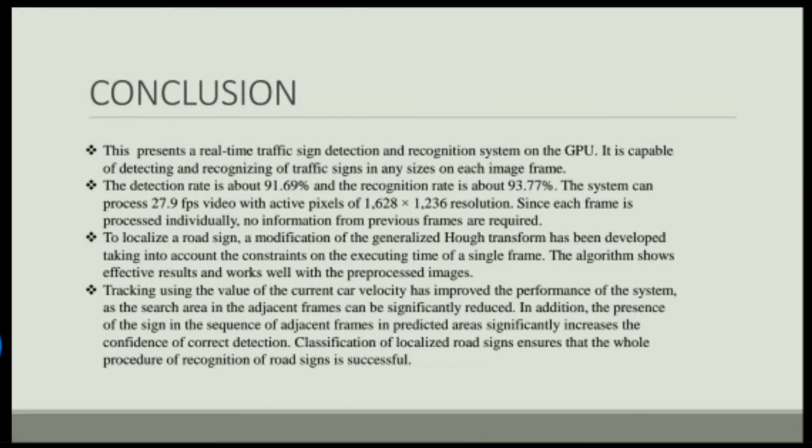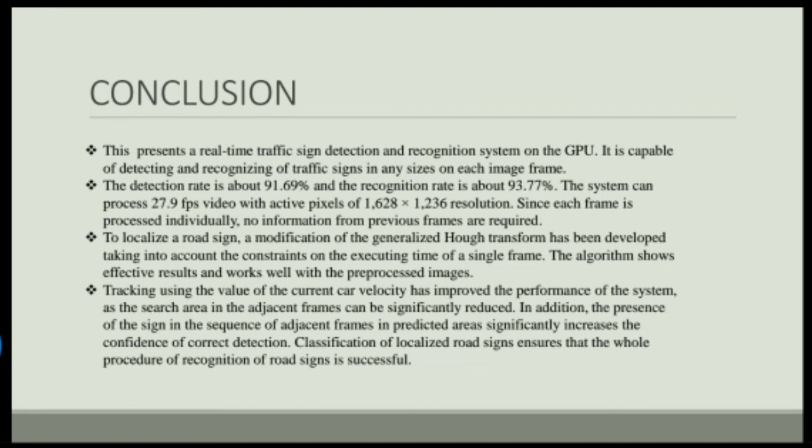So finally, concluding today's topic, we can conclude that this system is already available, but it has some limitations. The detection rate is not 100% but 91%, whereas the recognition rate is about 93%.